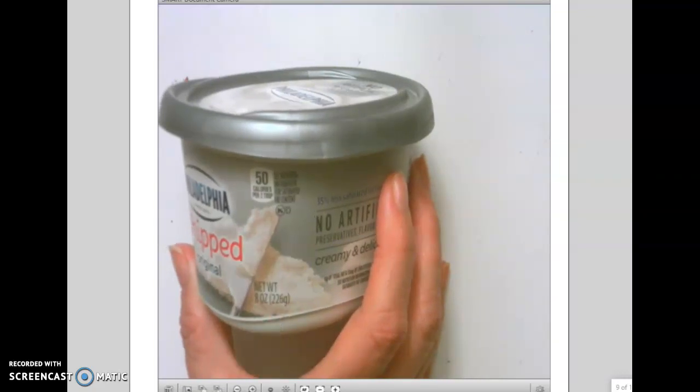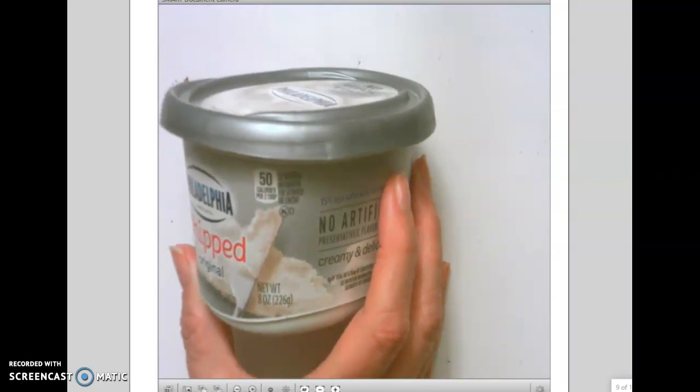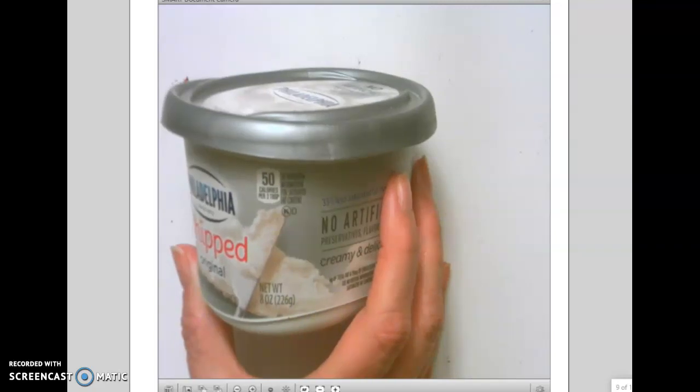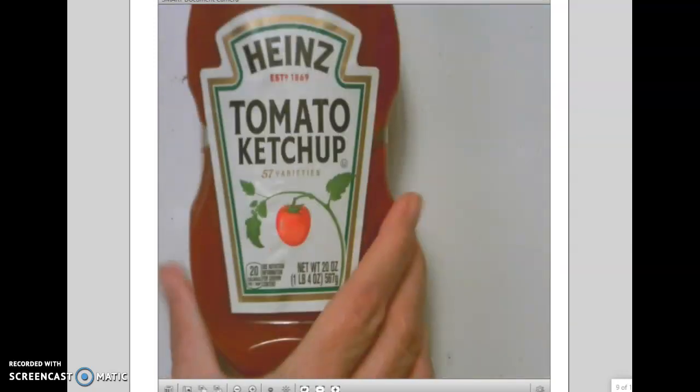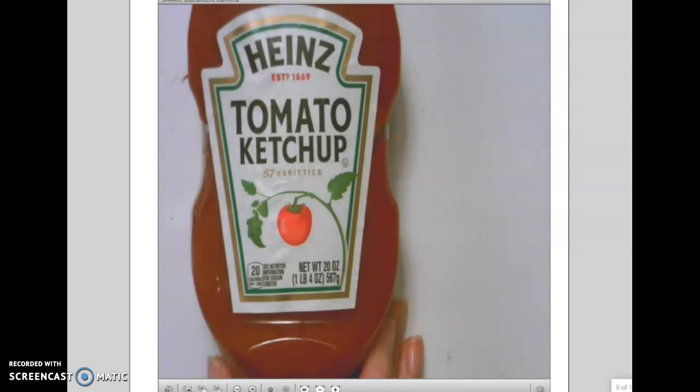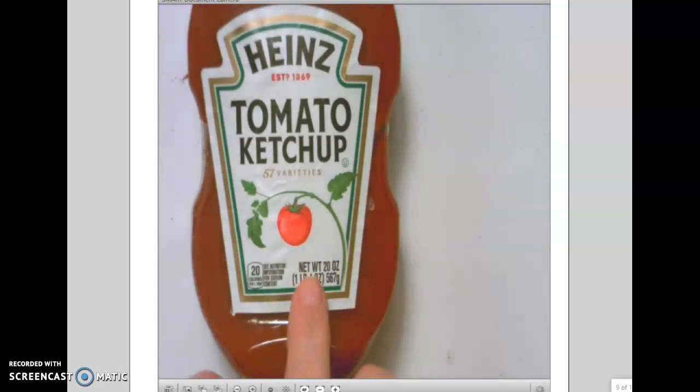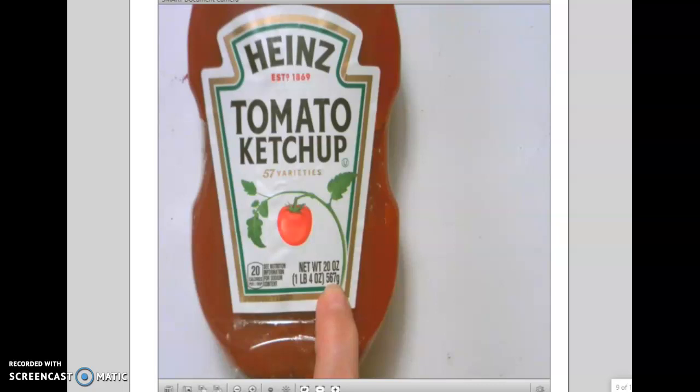This is a solid, not a liquid. Believe it or not, ketchup is not a liquid either. We're measuring 20 ounces, and in the metric system, it is 567 grams in this container of ketchup.